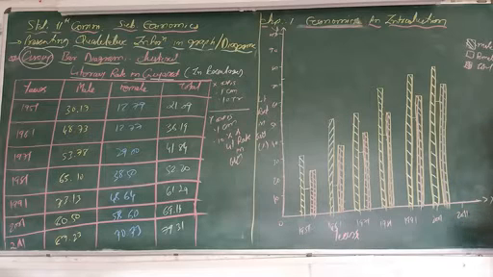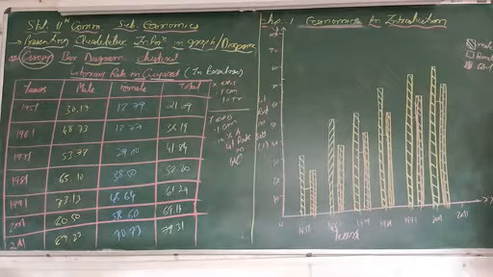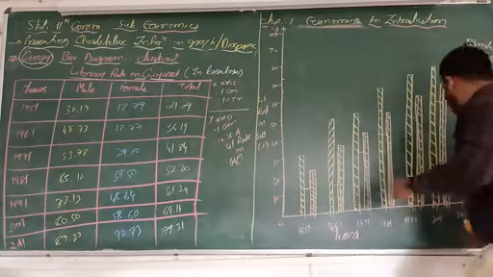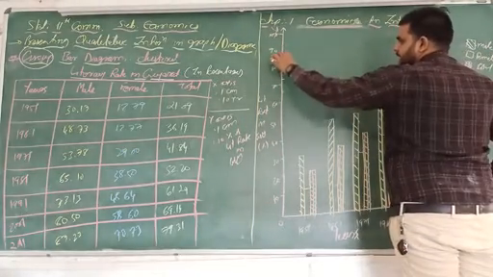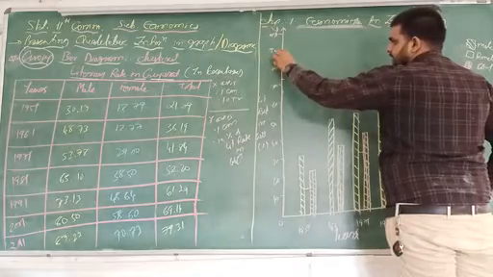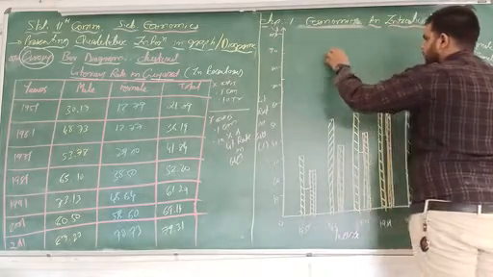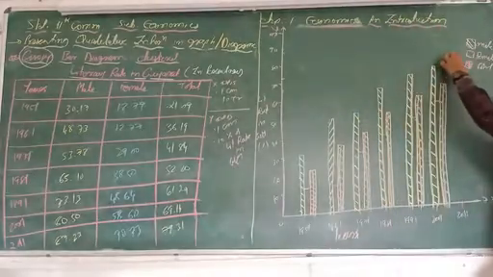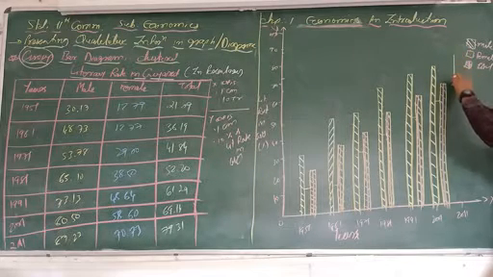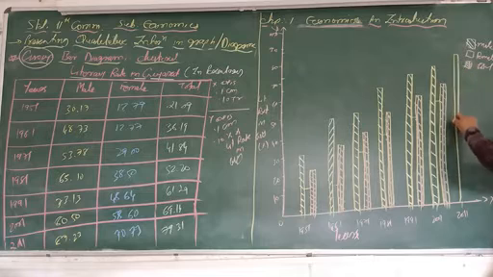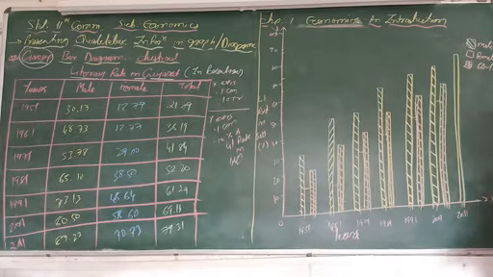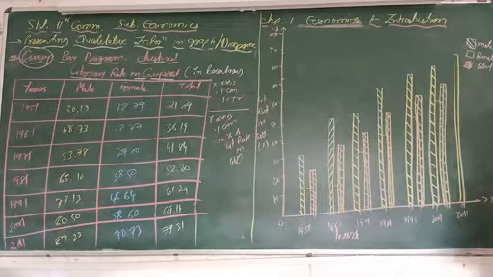And last one in 2011, 87.23. So here 87, that means topmost around between 80 and 90. 87, that means here. So I will write one line from here. Second one 70.73.